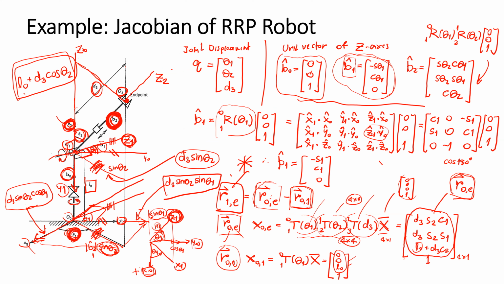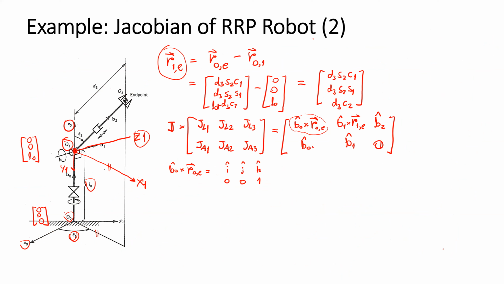So we have D3 S2 C1, D3 S2 S1, and L0 plus D3 C2.